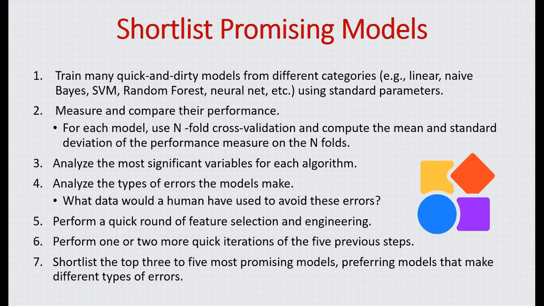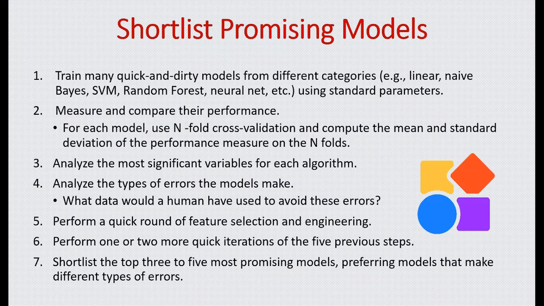Then you perform a quick round of feature selection and engineering, that's if you haven't before. Like I said, the feature selection is optional, but when you start training the model, you might start realizing some things while you are trying to select a model, that okay, this particular feature does affect each model this way and the rest.